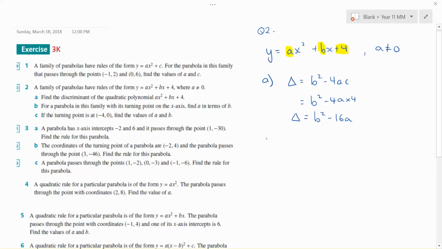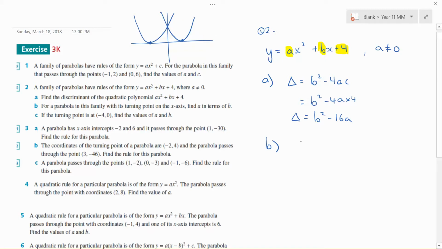That's my discriminant. Part b says, for a parabola in this family with its turning point on the x-axis, find a in terms of b. Now, when it says turning point is on the x-axis, that means you only have one x-intercept.